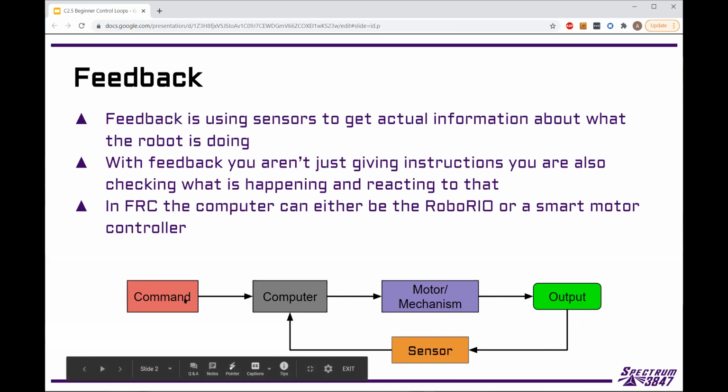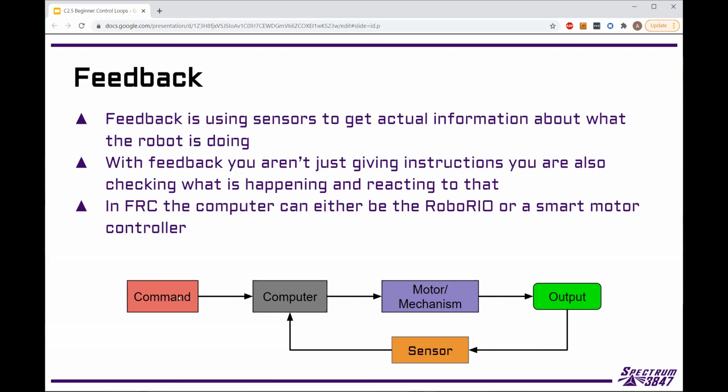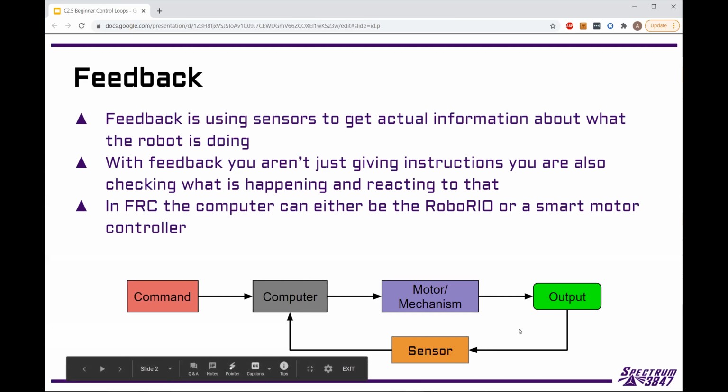So say in an elevator, we would tell the elevator to go up. The computer would figure out, okay, how do I tell it to go up? What do I need to do? The motor would start turning and move the elevator up and down. We would have a sensor that's able to measure that and tell us how far the elevator has moved. It would report that back, and then the computer can do something with that information.